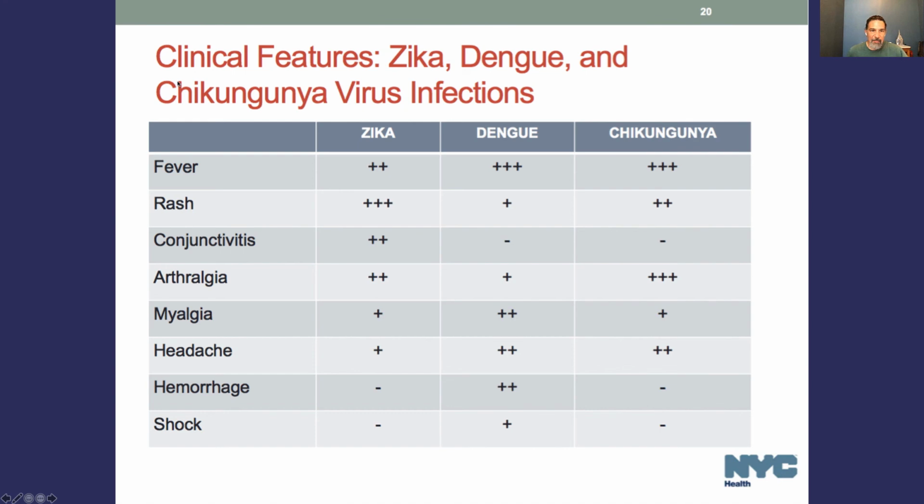And comparing to some of the other common flaviviruses, dengue and chikungunya, you can see in terms of the symptoms profile, the things that distinguish Zika from some of the others, specifically the presence of conjunctivitis, and also the absence of things like hemorrhage and shock.